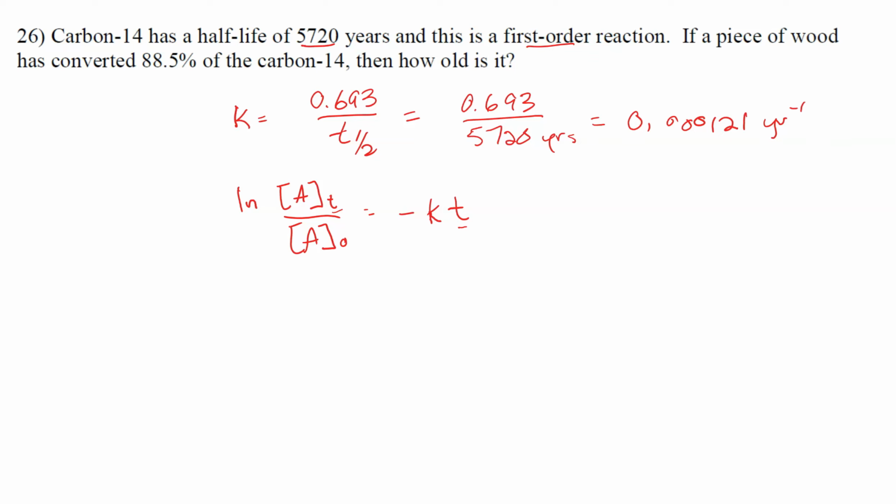Another really important point to note is that whenever you have the ratio of concentration at time t over the concentration at time naught, if we don't have the actual concentrations, we can express this as a percent. And that's what's happening in this question. If a piece of wood is converted 88.5% of carbon-14, how old is it?